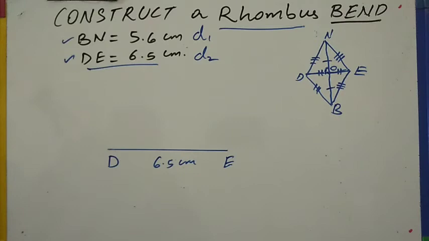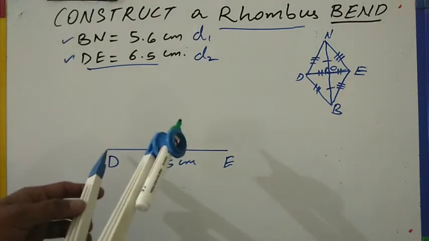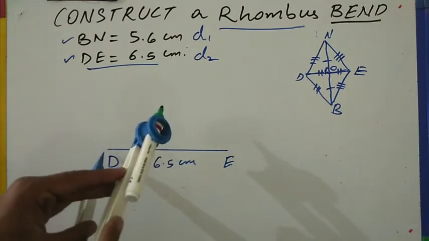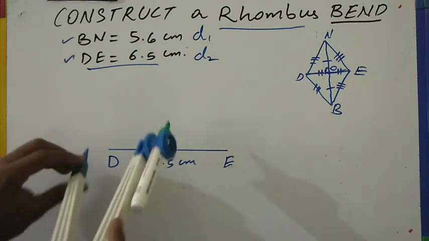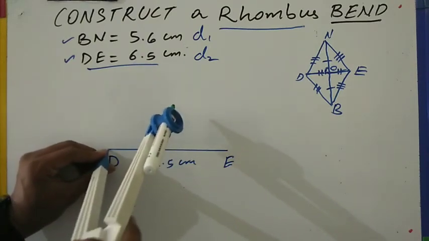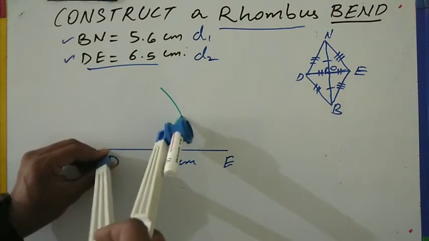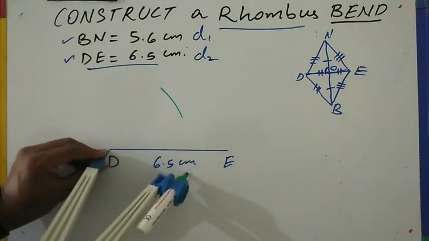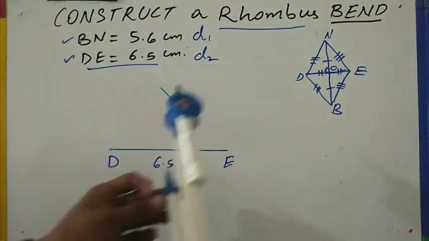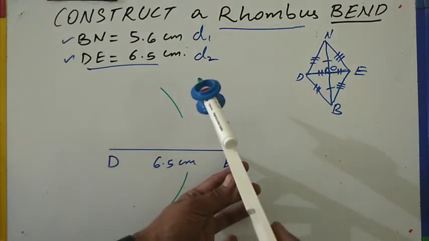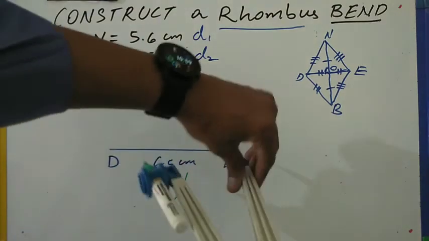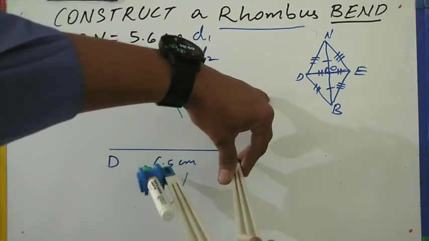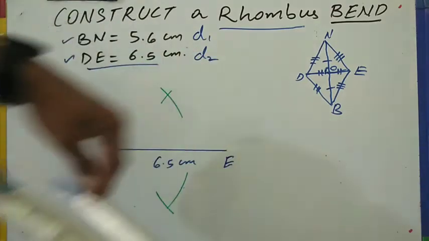We learnt how to perpendicular bisect a line segment: taking more than half of the measure of the line segment as radius, we will make arcs above and below. Similarly, here taking both the end points as the centers of compasses, we will do this process making arcs above and below.